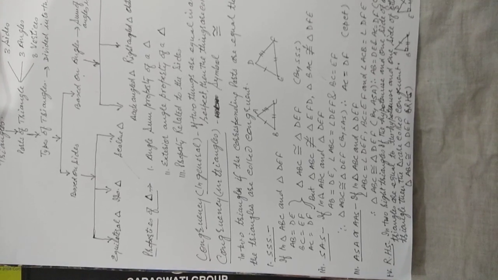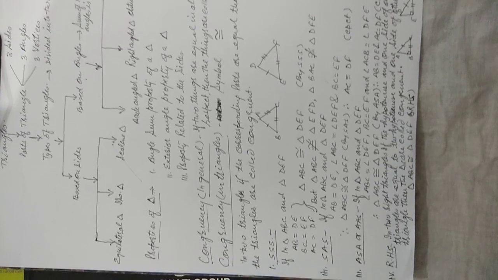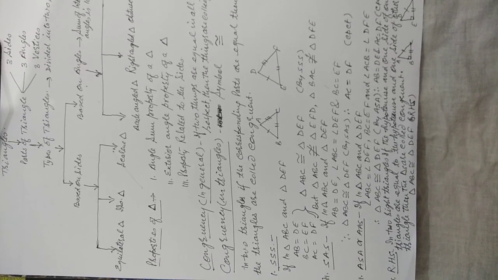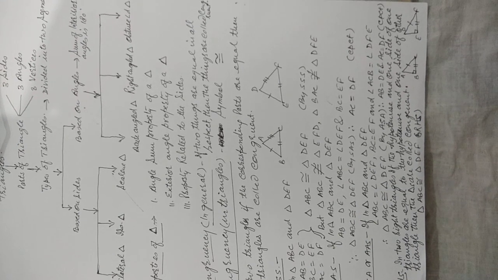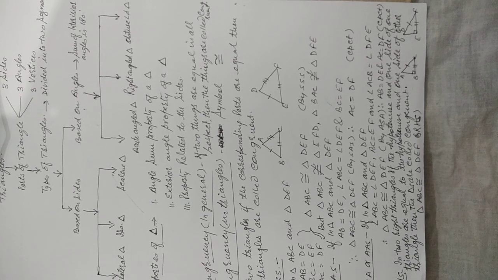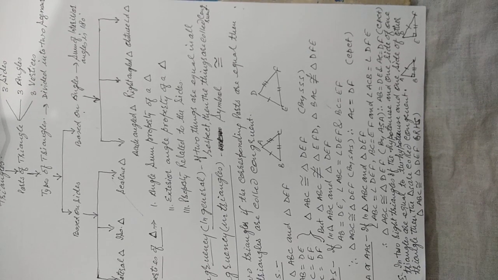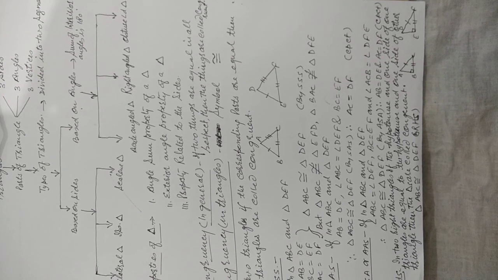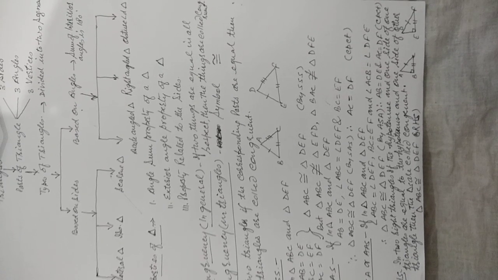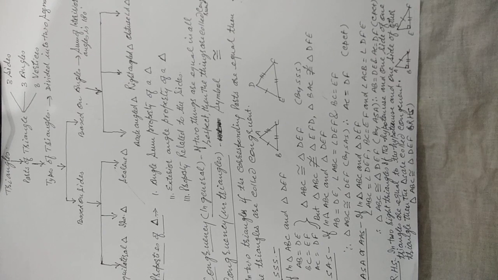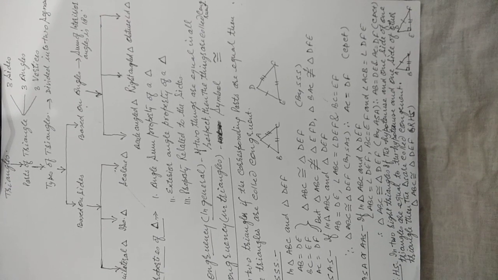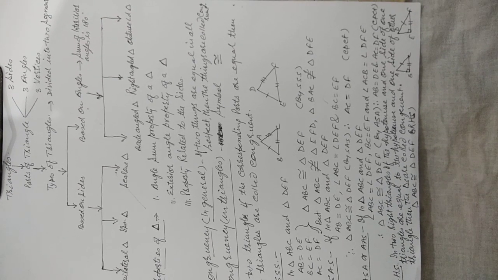And the next is ASA or AAS. In triangle ABC and triangle DEF, angle ABC is given equal to angle DEF, BC is given equal to EF, and angle ACB is given equal to angle DFE. Therefore, triangle ABC must be congruent to triangle DEF, and the criteria is known as ASA.